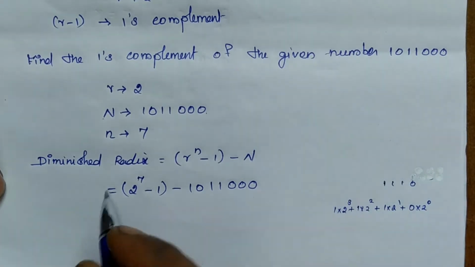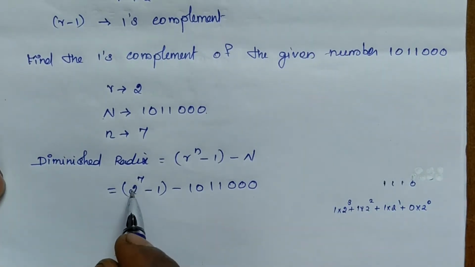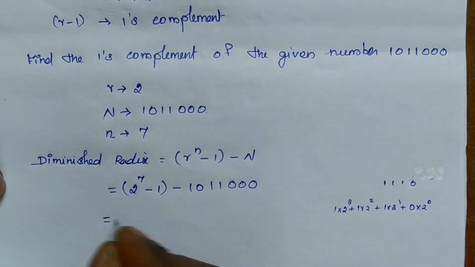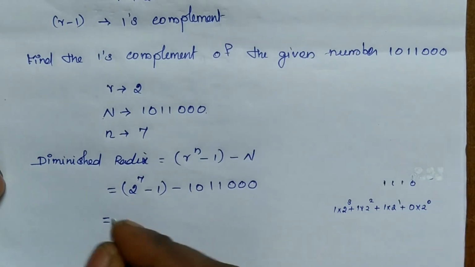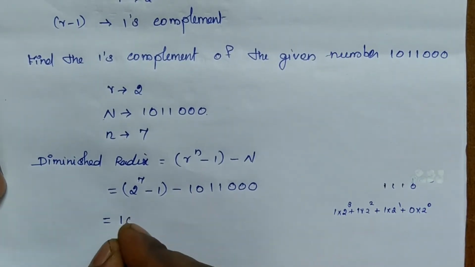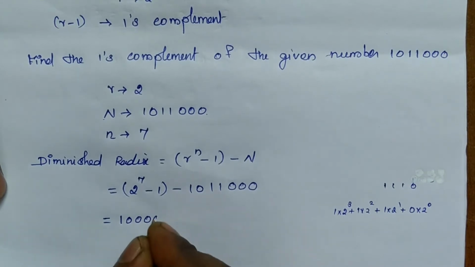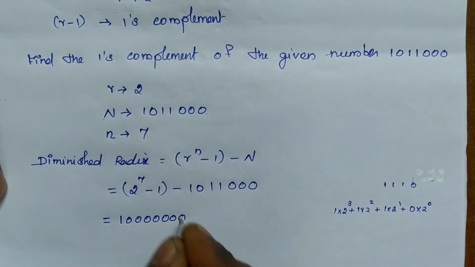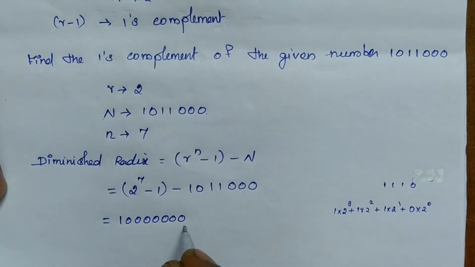Therefore here I am having 2 power 7 which is equal to at 7th position we will have the 1, remaining values we will have the values as zeros. Therefore 1 followed by 7 zeros.